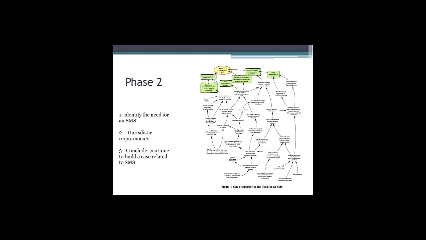What emerged through the individual and group cognitive maps was that any view of a shared understanding amongst the participants in terms of their requirements for the SMS was unrealistic, and that rather the cognitive map suggested an almost complete lack of shared understanding.